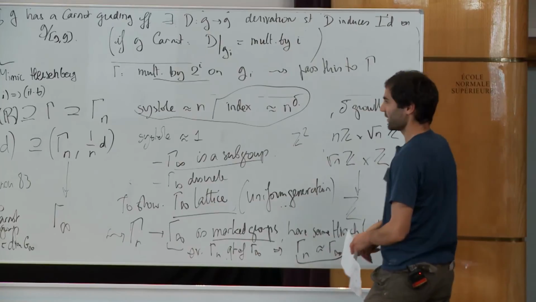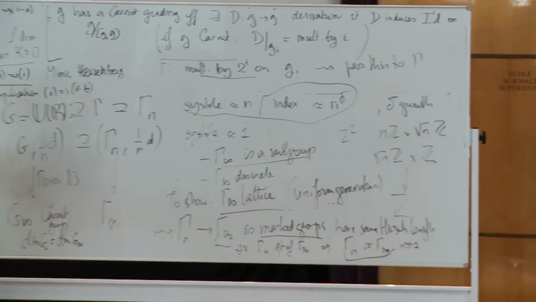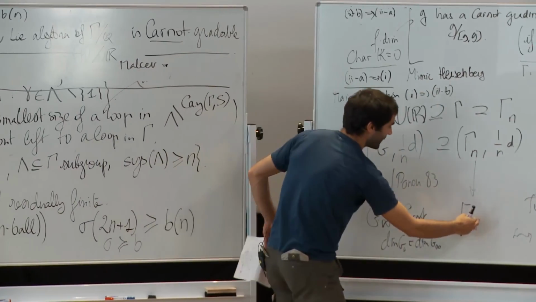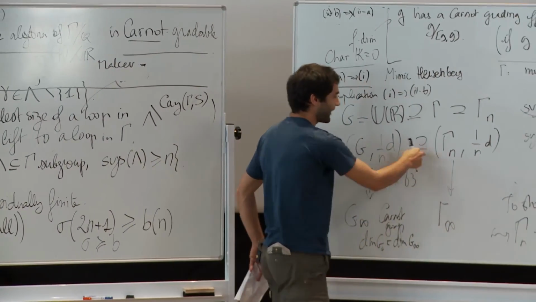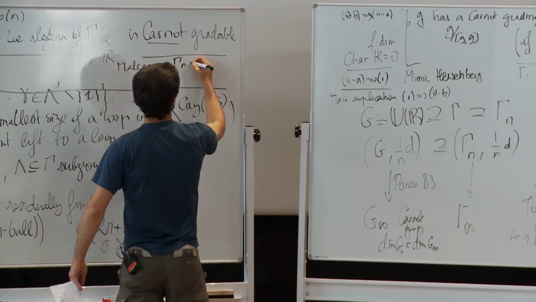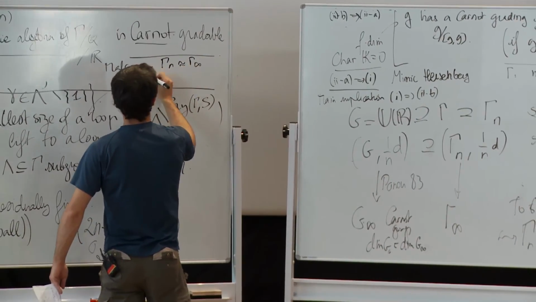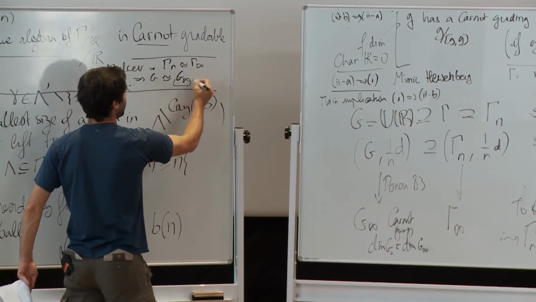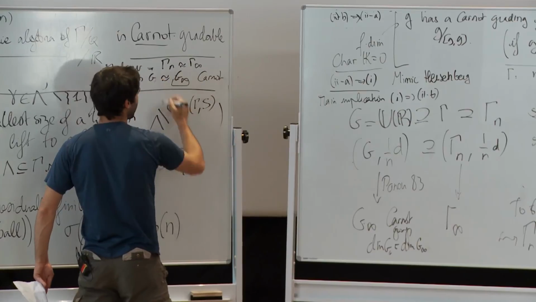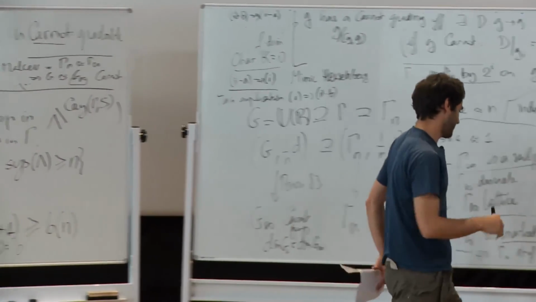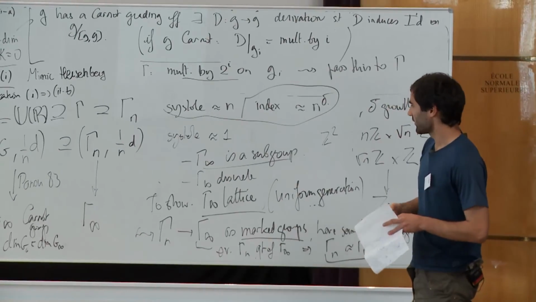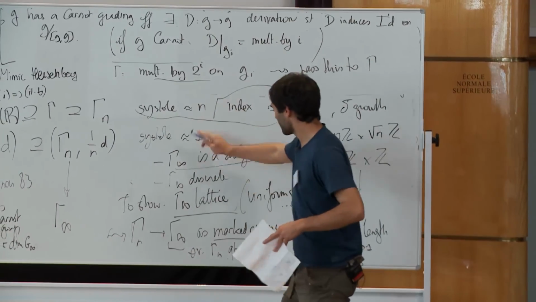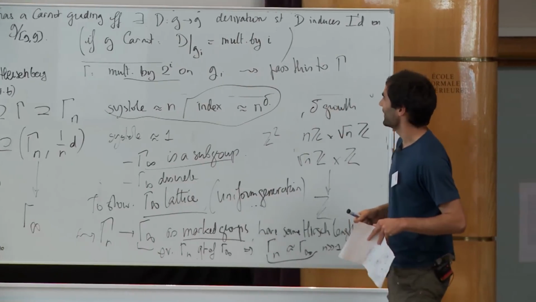And now you have Malcev rigidity, which says that if you have two groups with isomorphic lattices, it implies G is isomorphic to G infinity, and G infinity is Carnot. So G is Carnot over the reals, definitely by Malcev's theorem. So that's how we get this. So that was really summarized.